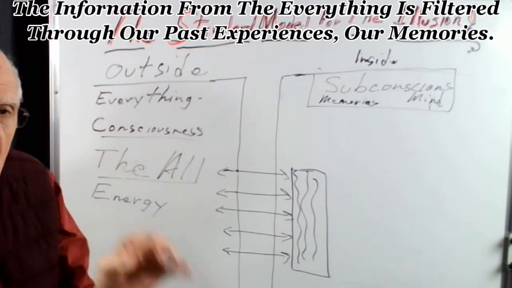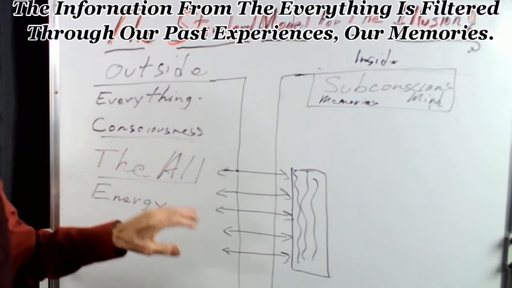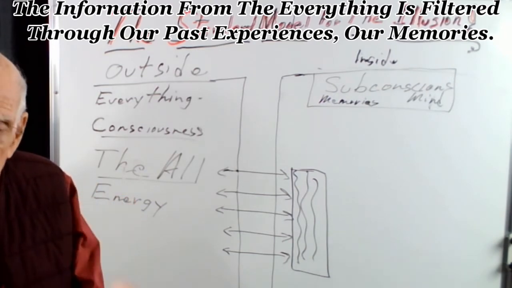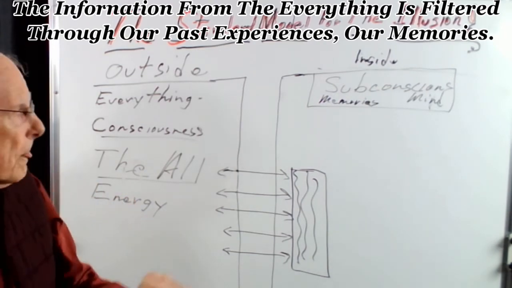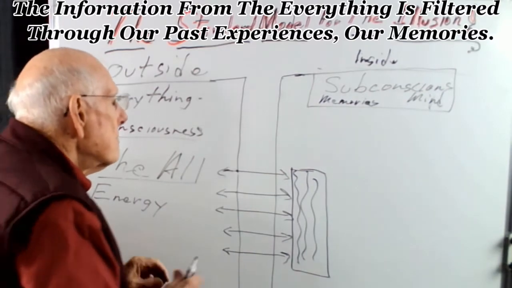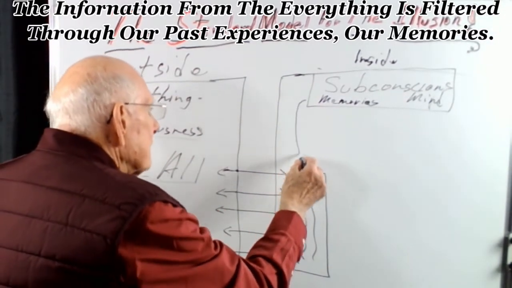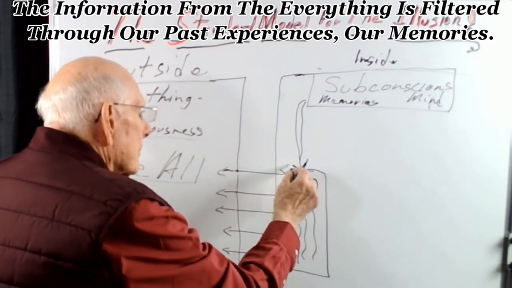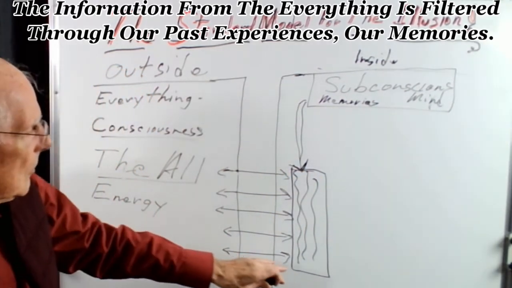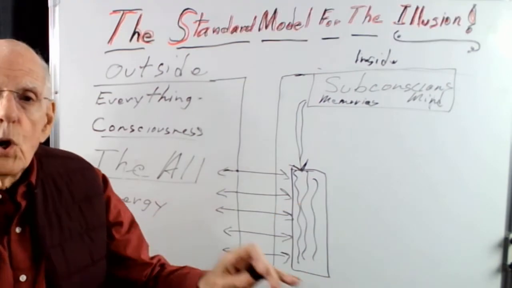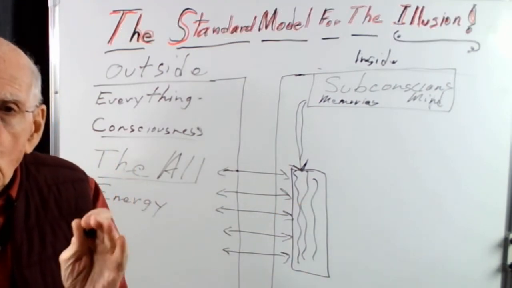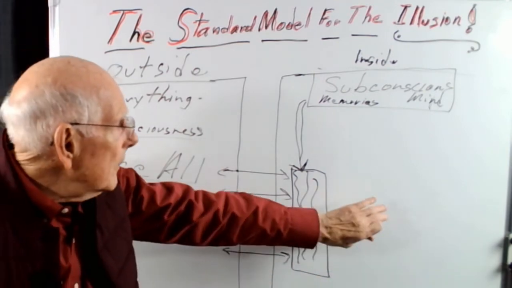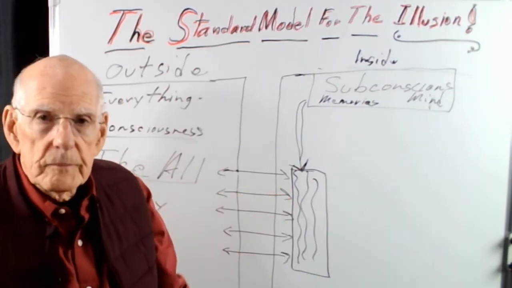Information from the outside, everything, is always filtered through the memories. The memories are the filtering system that determines what data, what information is important for us on the inside.